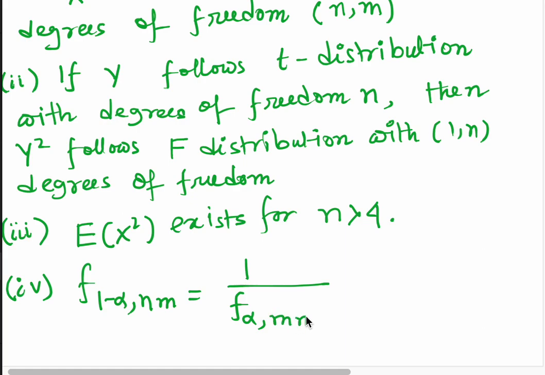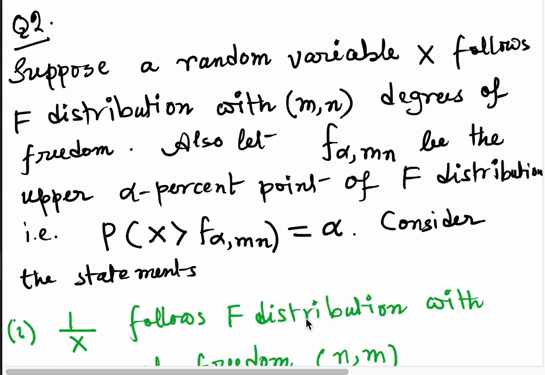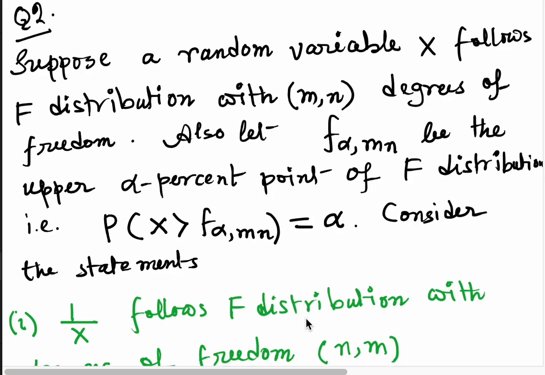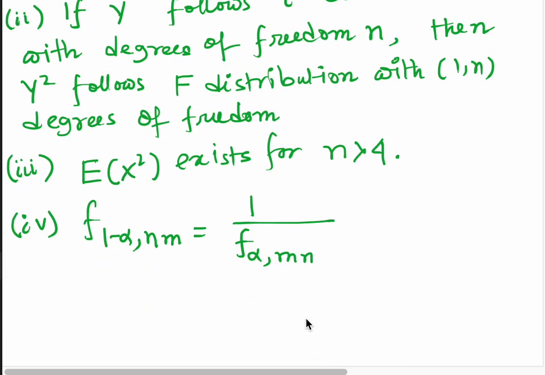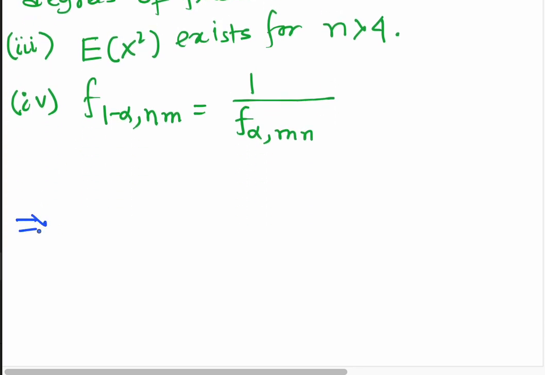So let's check one by one. First of all, if x follows an F distribution m, n, what does it mean? Suppose that y1 follows a chi-square with degrees of freedom m and y2 follows a chi-square with degrees of freedom n.